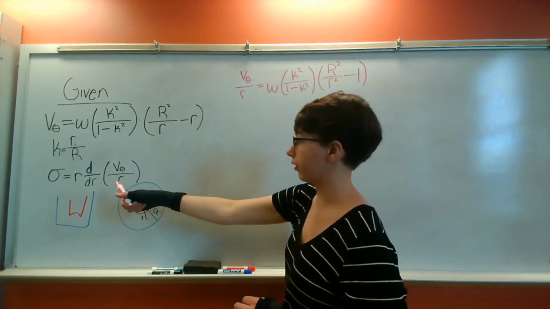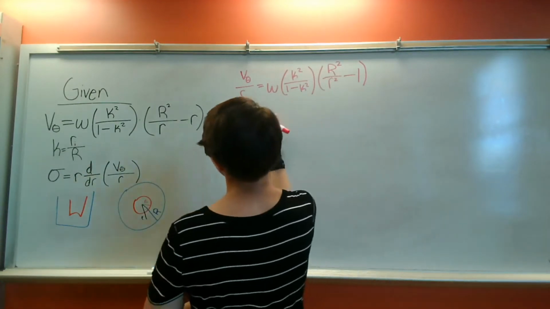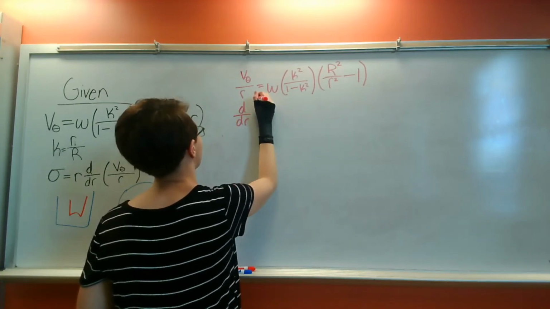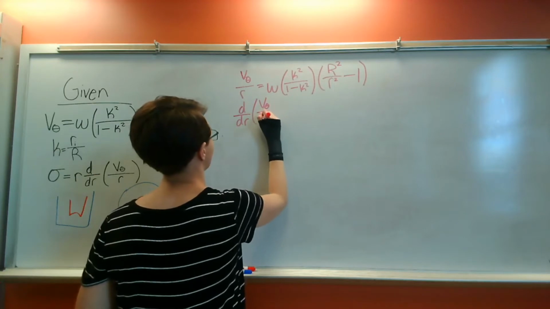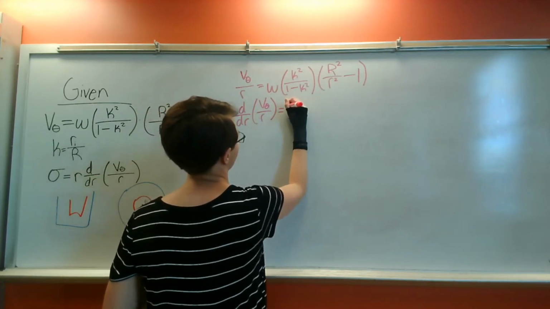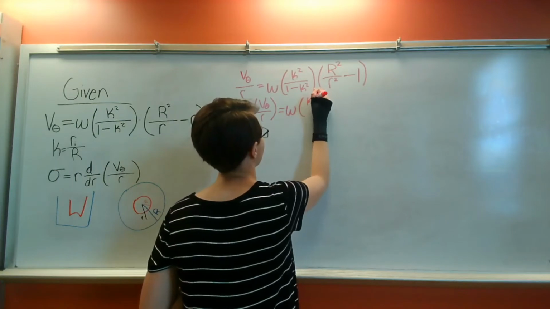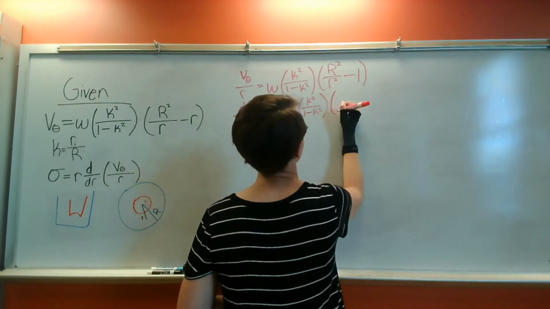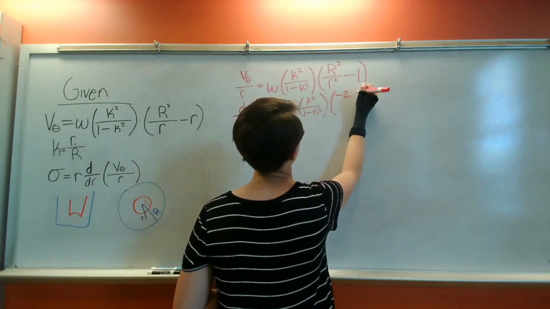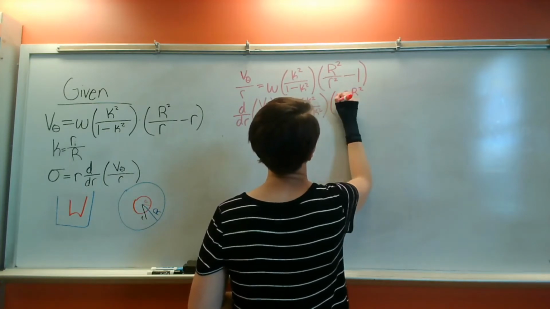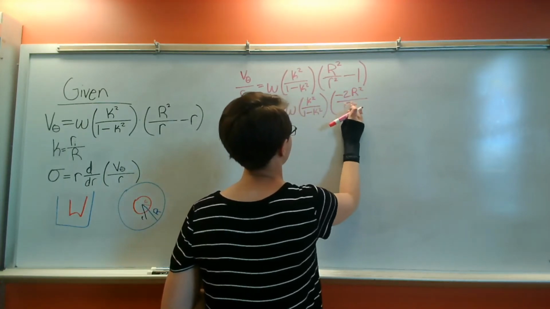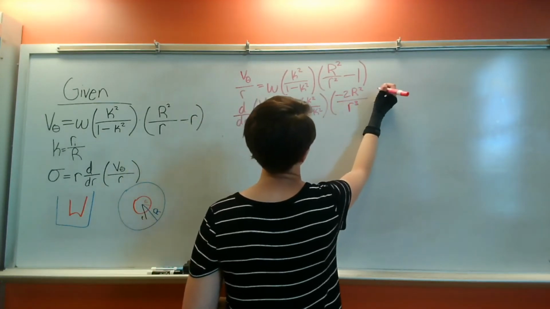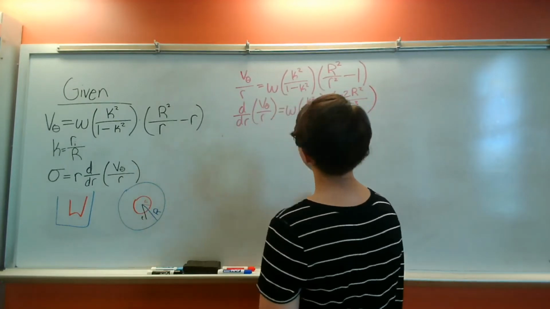Next thing we want to do is we're going to take the derivative with respect to r. So derivative with respect to r of velocity profile over r is equal to omega times k squared over 1 minus k squared, times negative 2 outer radius squared over r cubed.